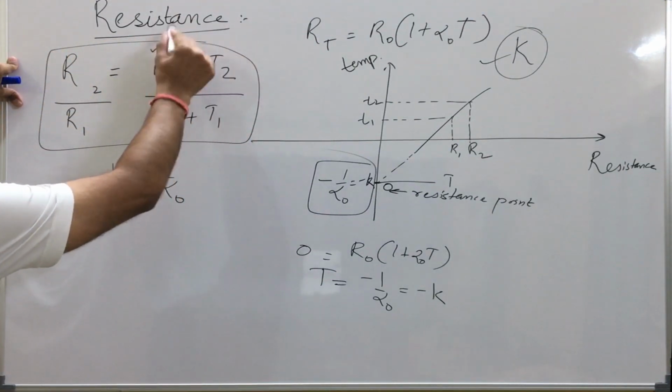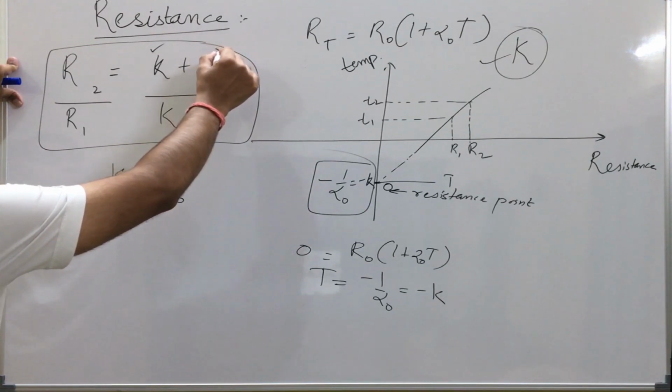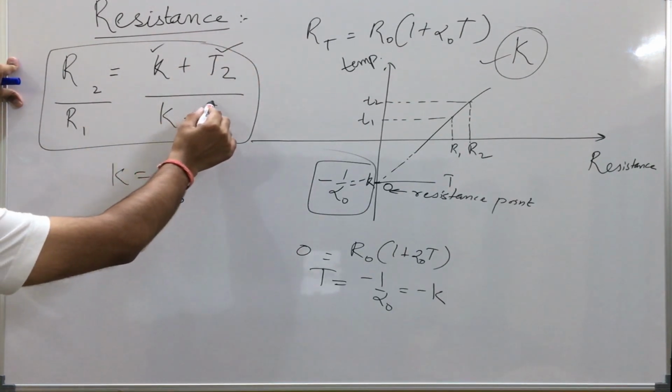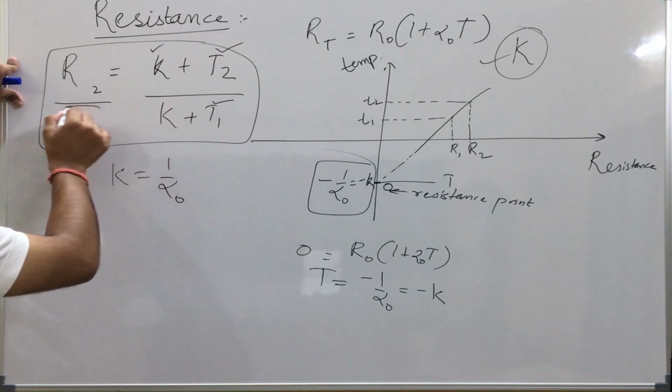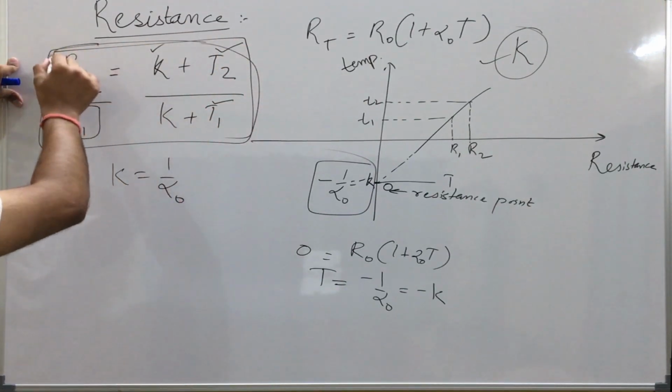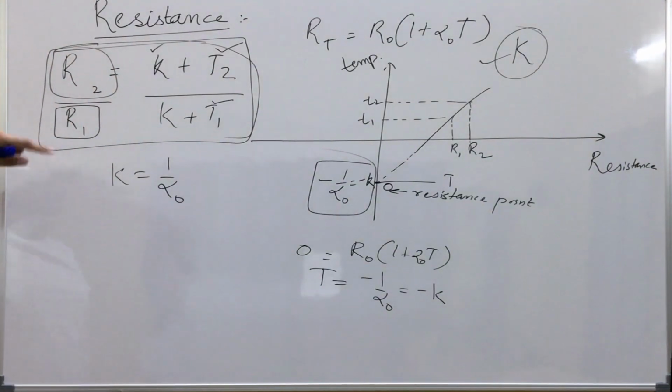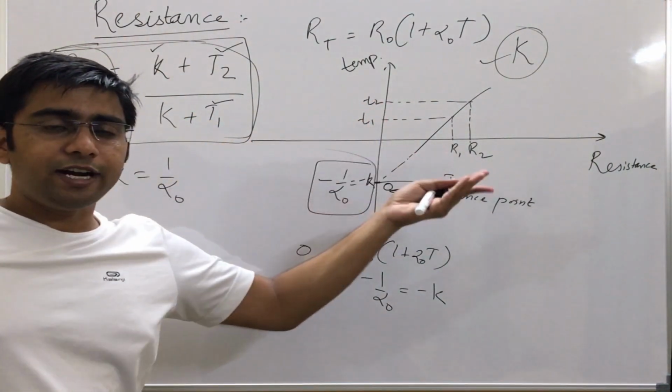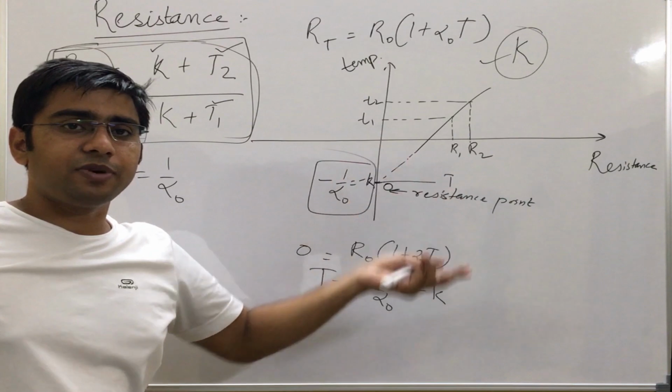I will be given K, and I will be given temperature T2, and temperature T1 or the reference temperature, and the resistance at that reference temperature. Using this equation, I can find R2. And in that way, I can find the resistance at various temperatures.